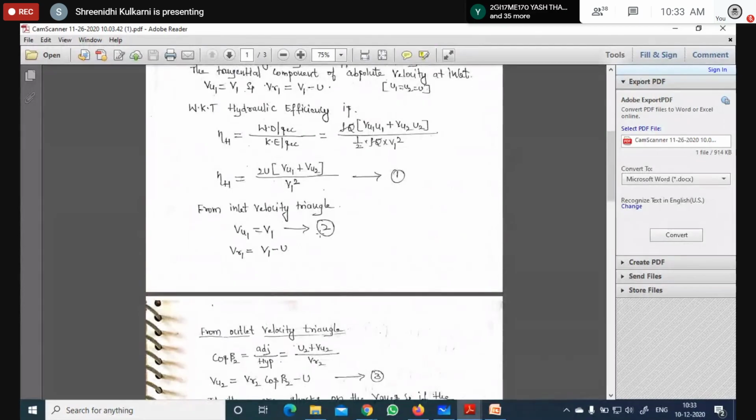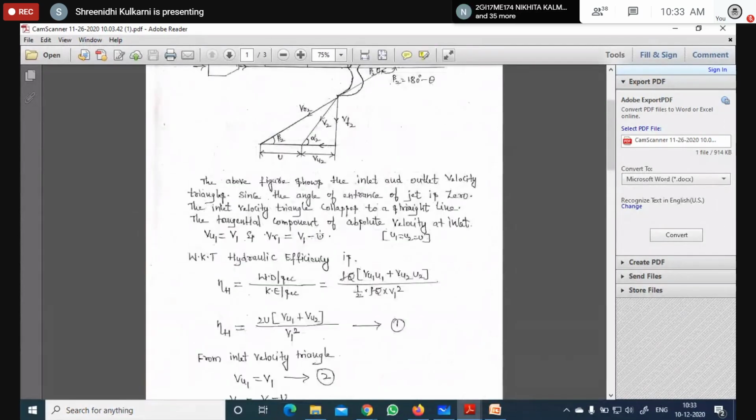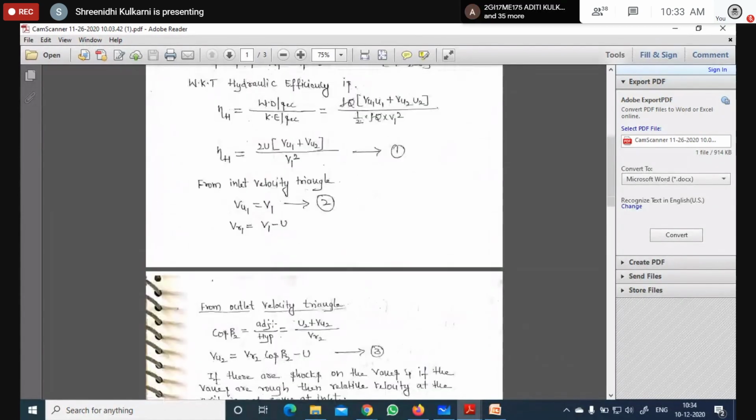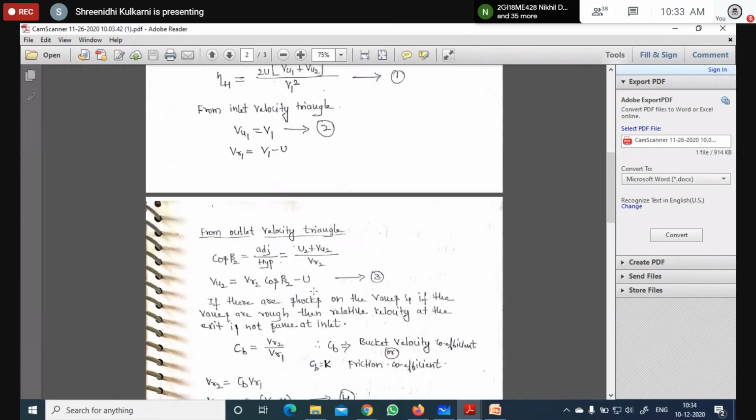It is given by adjacent by hypotenuse. Adjacent is U2 plus Vu2, hypotenuse is Vr2. So Vu2 is equal to Vr2 cos beta 2 minus U. We are going to call this equation 3.